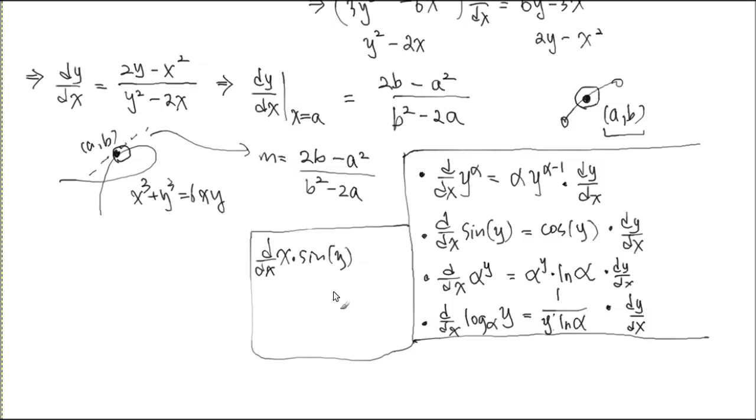Then you have to apply the product rule first. Remember? And then when you differentiate the second factor, sine y, that's where you use the chain rule.